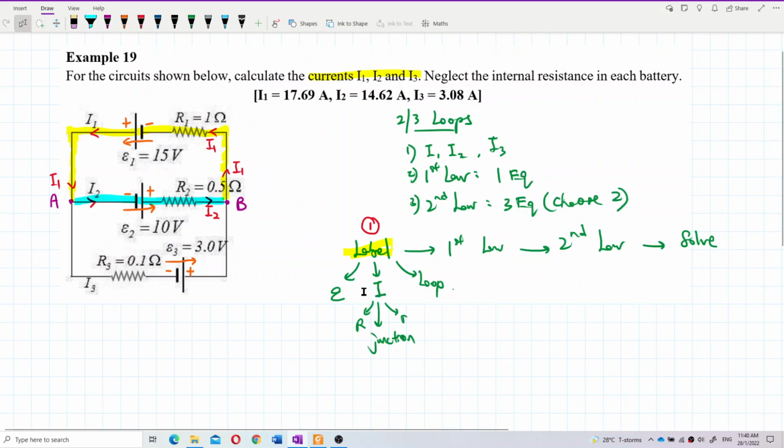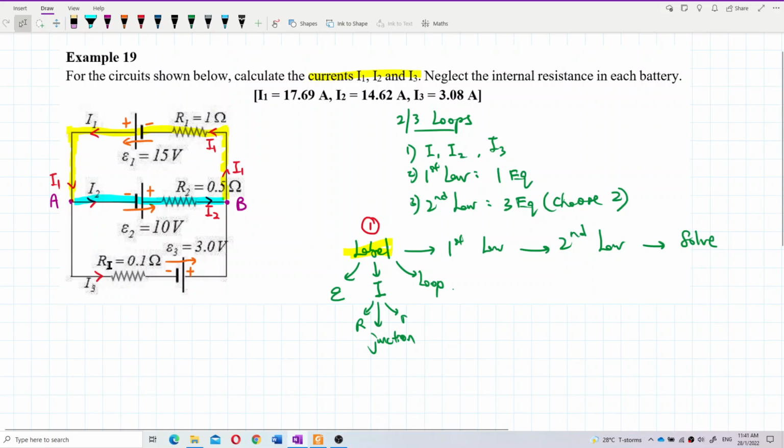Now I3. The direction of I3 also follows the EMF3 direction, negative to positive. Label the current near the resistor: this is I3 passing through R3.